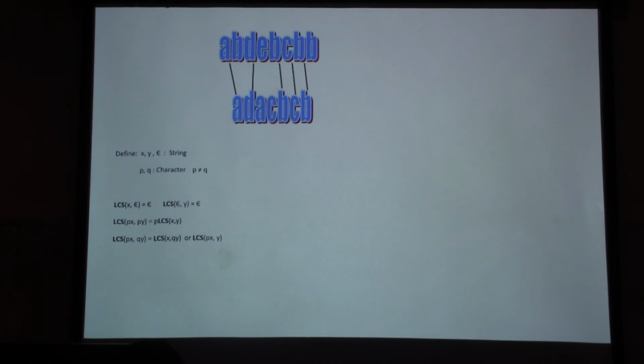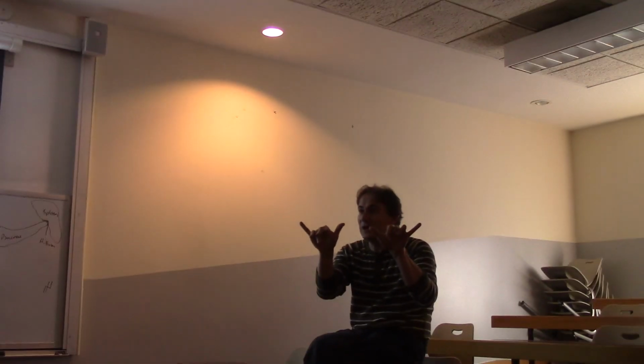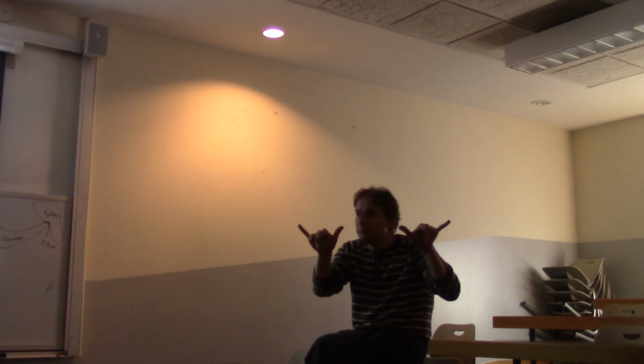So in a sense, we've consumed a single character of the first string, Px, which is P, and a single character of the second string, Py, which is also P. And so therefore our complexity, if you look at the length of Px, what's the length of Px? I don't know. We'll call it M. What's the length of Py?